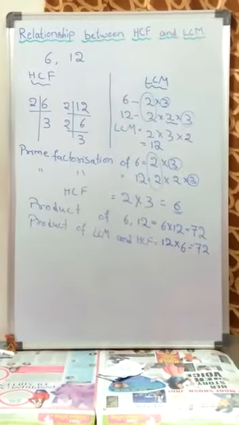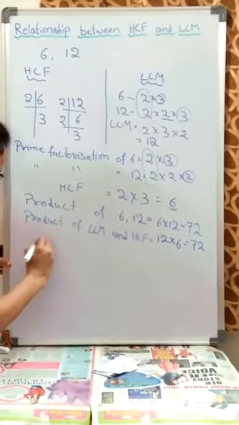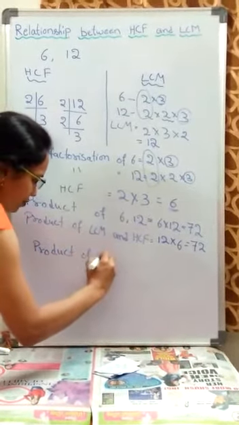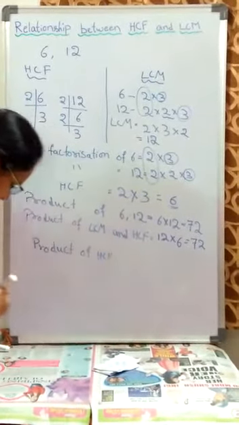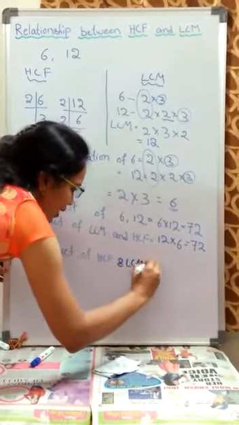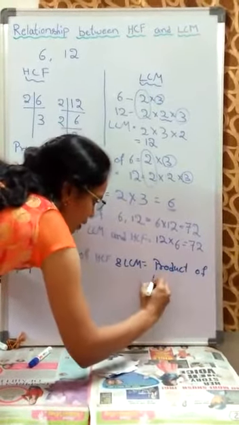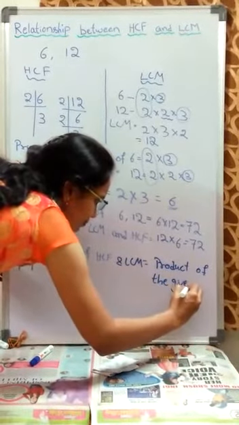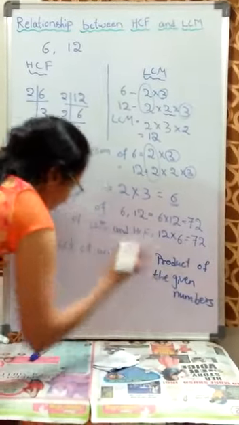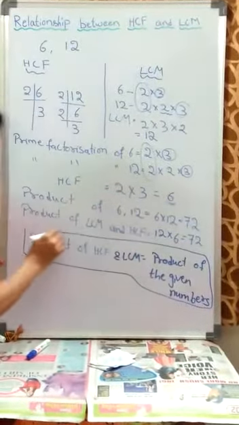So, by observing this, we can frame the relation between LCM and HCF as: the product of HCF and LCM is equal to the product of the given numbers. So this is the relationship between HCF and LCM.